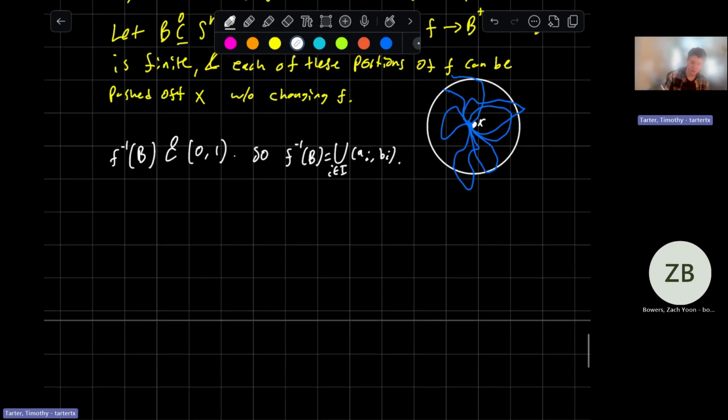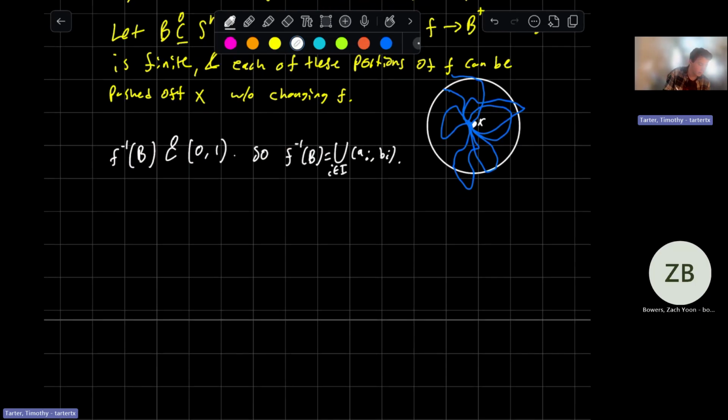I don't think that matters here. Then f inverse of x is compact and closed in the union of finitely many of them.